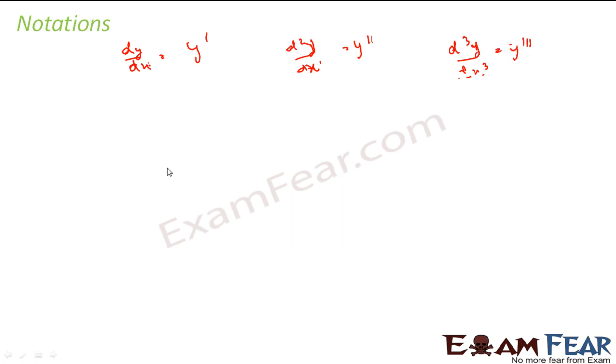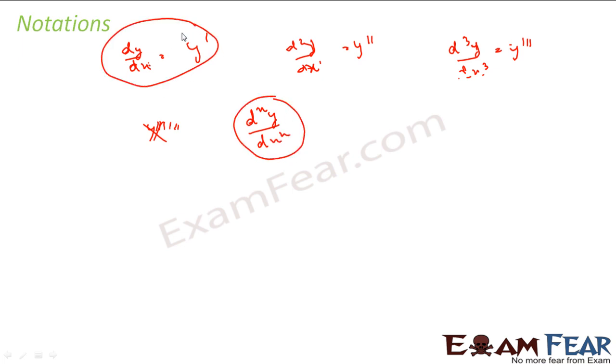But for nth differentiation, I can't write y n like this. For this, I'll use d^n y by dx^n. So this is the notation I'll be using: dy by dx as y dash, d2y by dx2 as y double dash, d cube y by dx cube as y triple dash. For any order of derivative more than 3, I'll use d^n y by dx^n, to the power n. Correct.